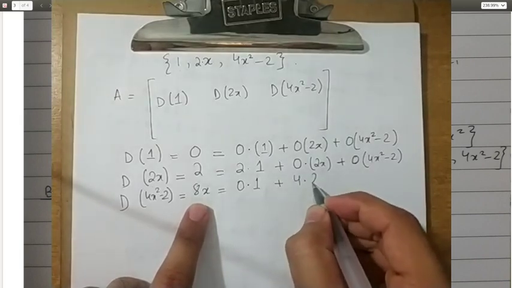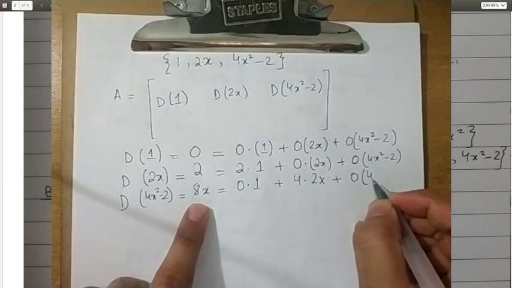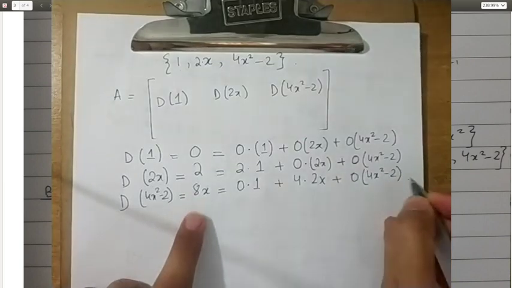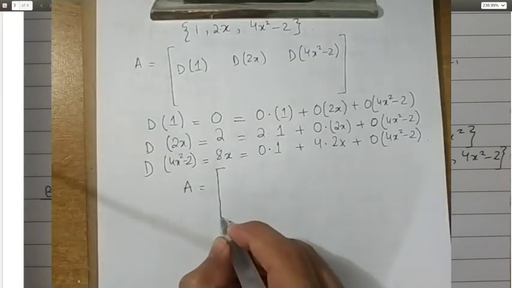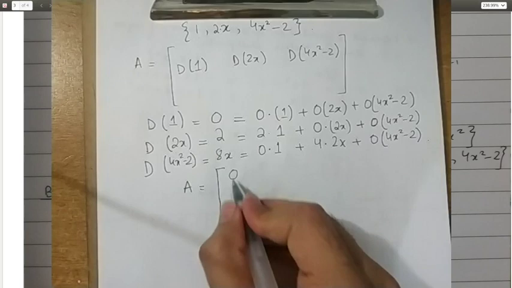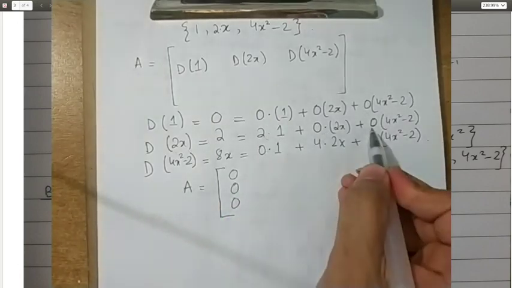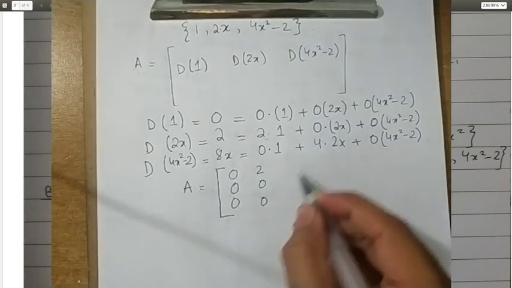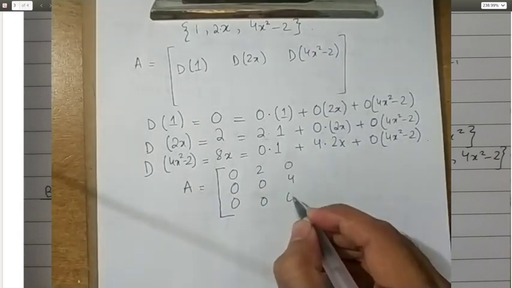So this is 4 times 2x, plus finally again set the quadratic factor to be 0. So the matrix A is nothing but 0, 0, 0, first vector 0, 0, 0, second vector 2, 0, 0, and third vector 0, 4, 0.